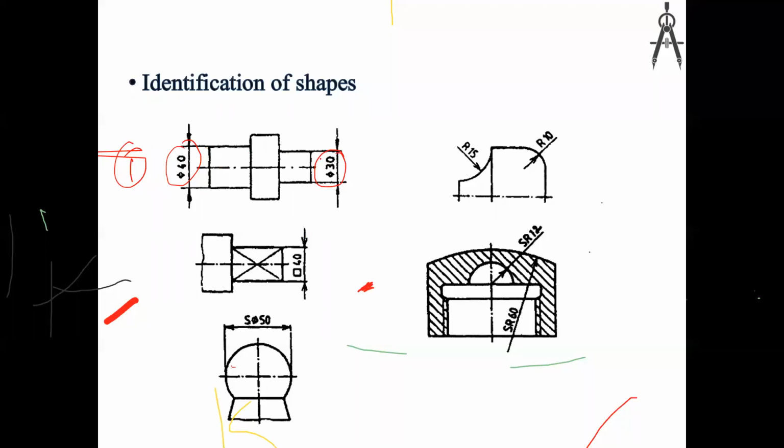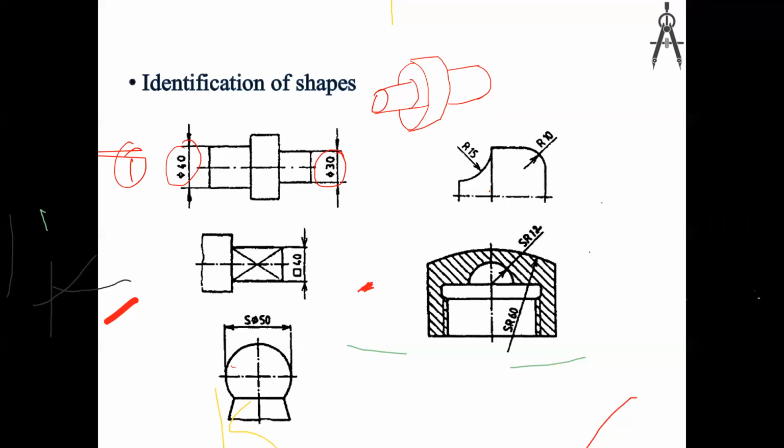This is a circular shaft. So it's like this. By seeing this dimension, you have to imagine what the object is.